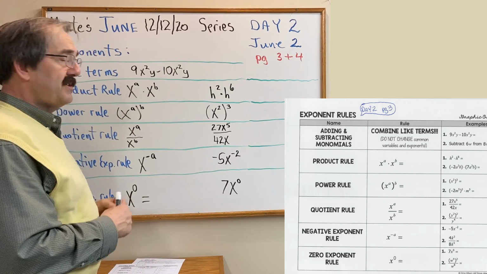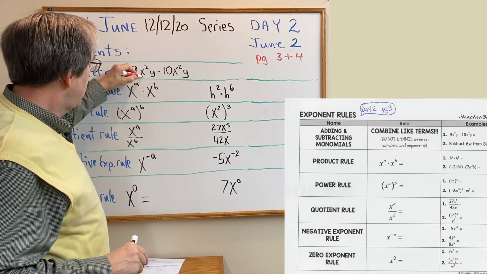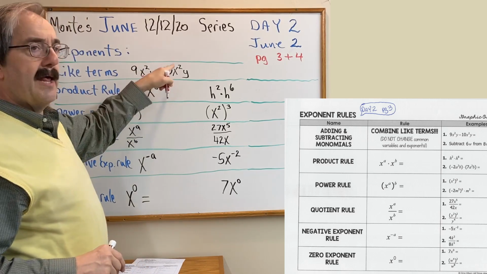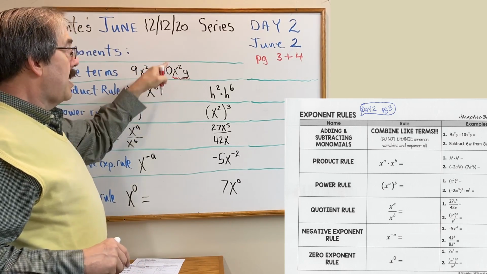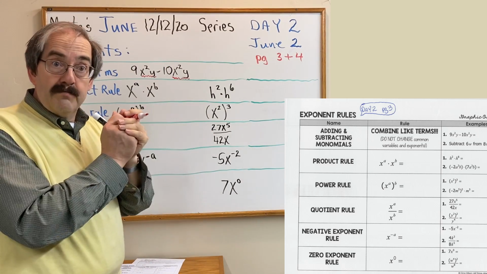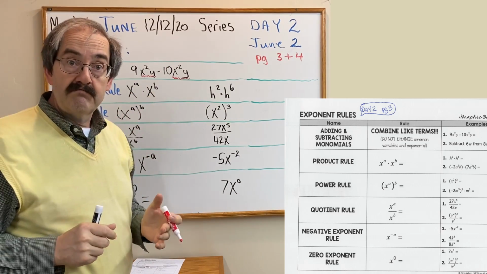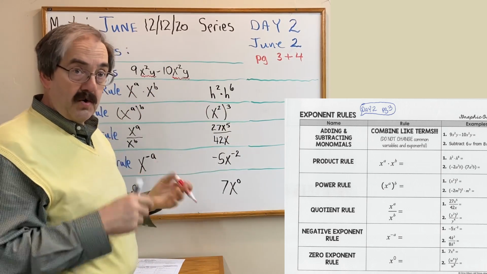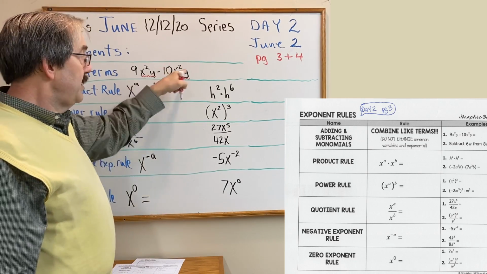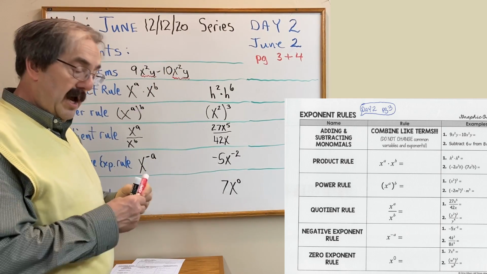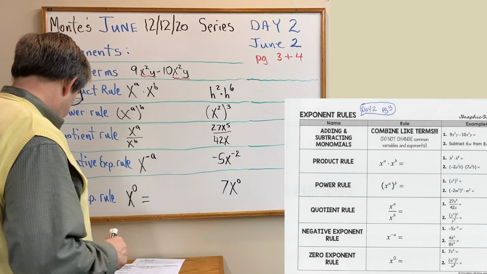9x squared y, 10x squared y. X squared y, x squared y. Those are like terms. They're exactly the same. Apples to apples, oranges to oranges. So if we have 9 of those items, but we lose 10 of them, how many do we have left?